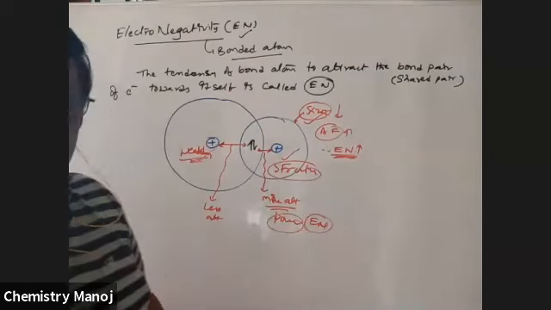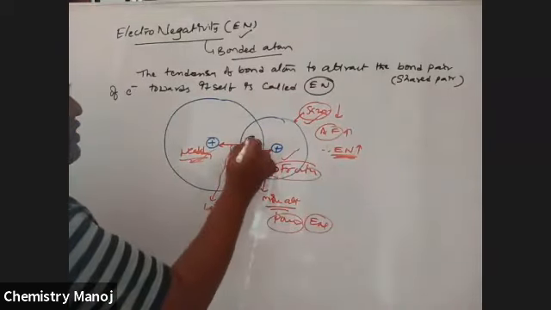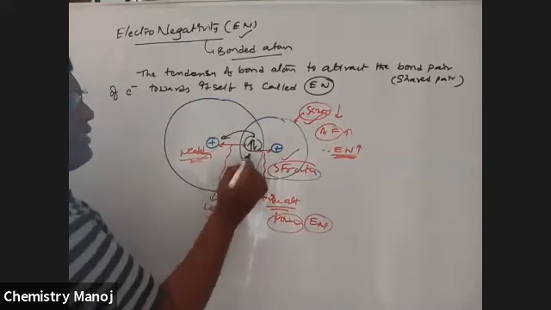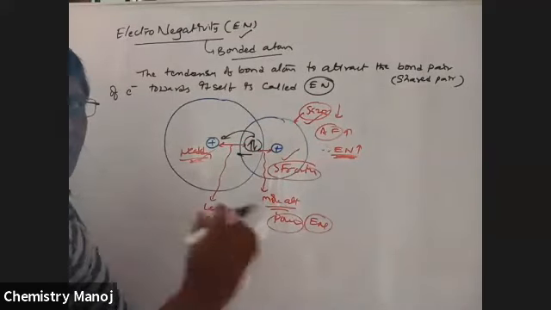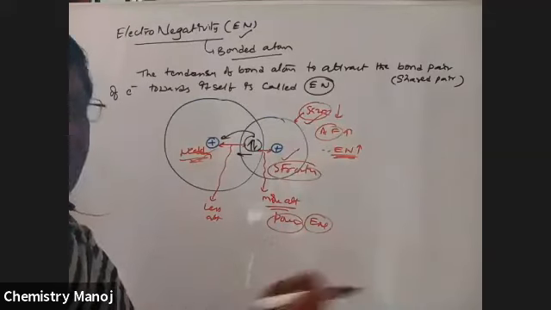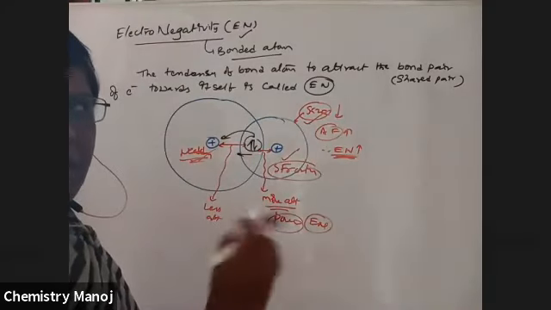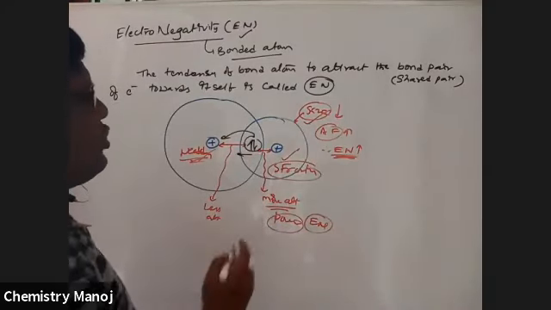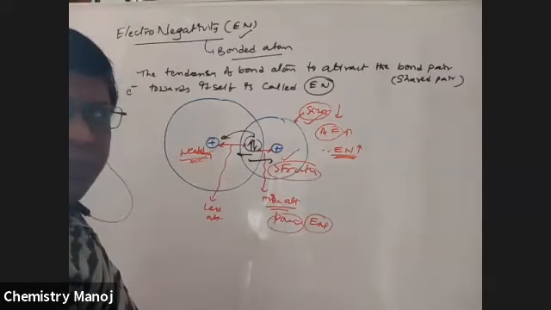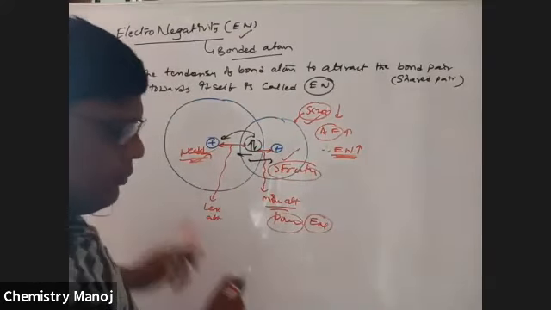Mind it, my dear boys, these electrons are not completely shifted towards this atom. They are slightly shifted, not completely entering the atom, slightly moving towards that atom's side. Which one has the greatest attractive force? See here.